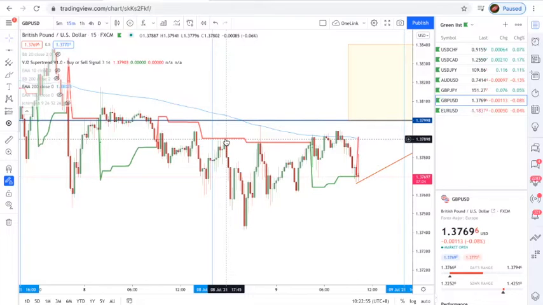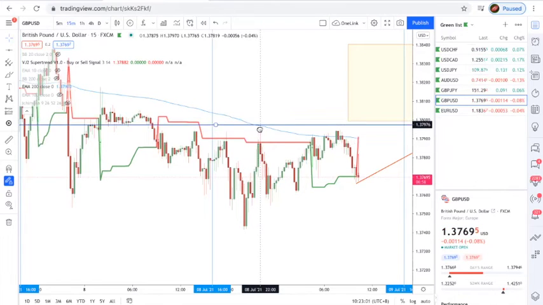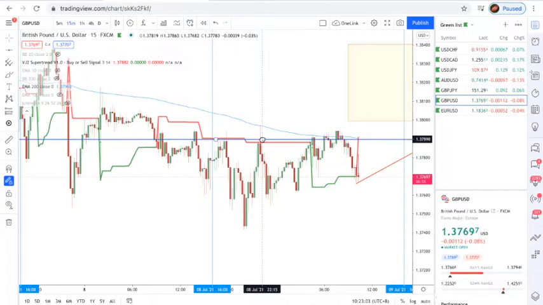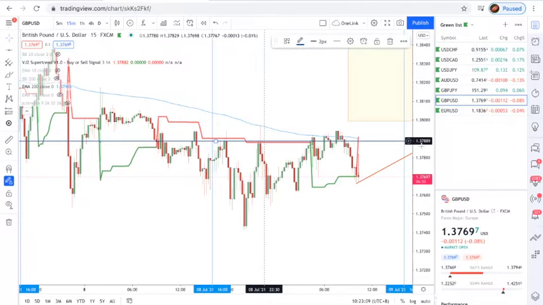Why am I asking you to go nearer to this particular point here? Let's say you're entering here. What is the price? Basically this is where I enter, slightly below that particular line, which gives you 1.3880.